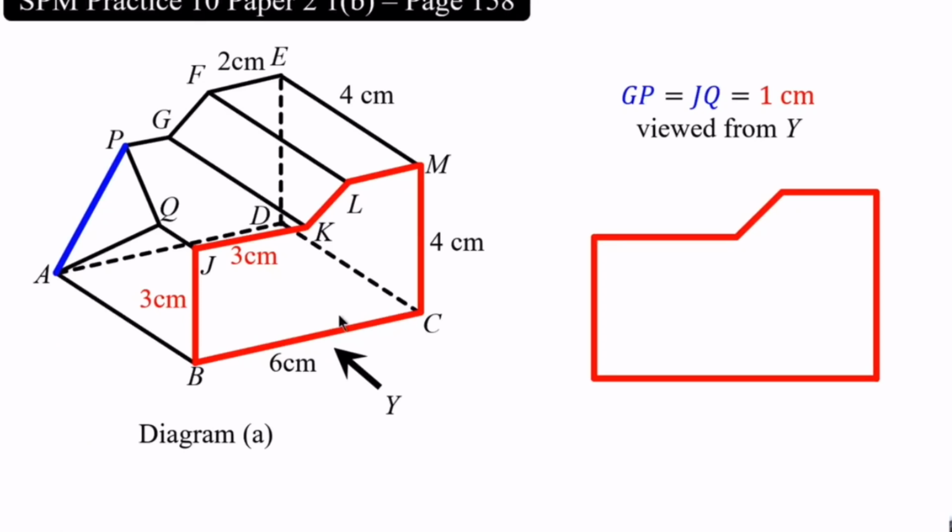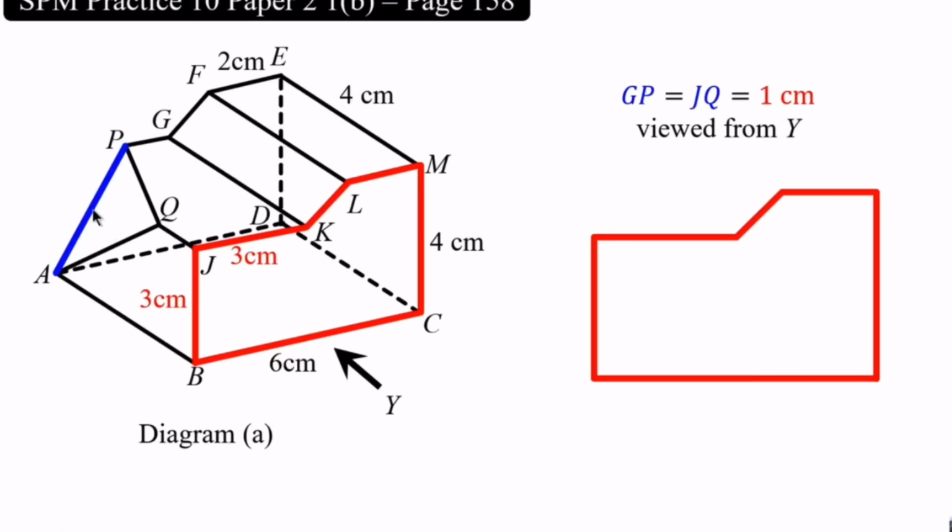Before that, you must take note that GP is 1 centimeter and JQ is also 1 centimeter. So we must measure GP 1 centimeter first before we draw the PA, which is in dashed line.